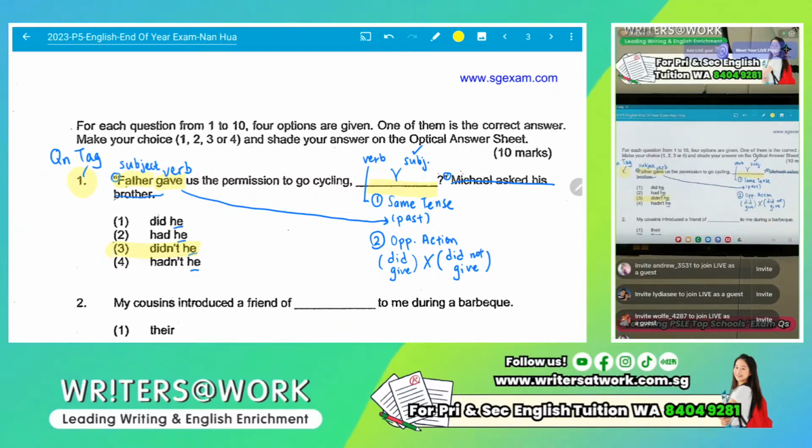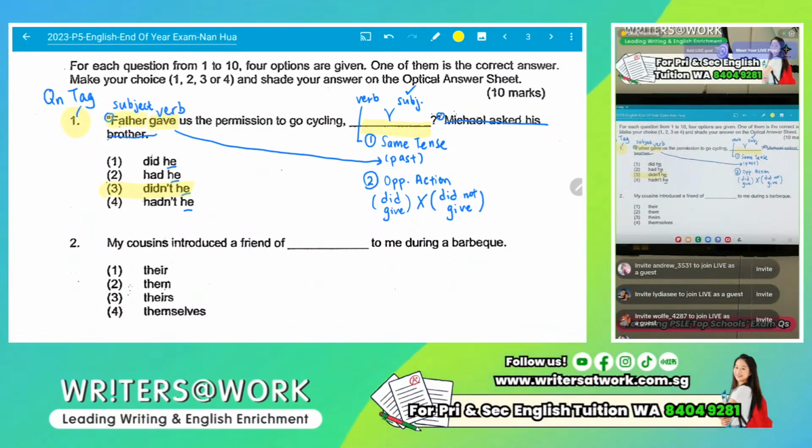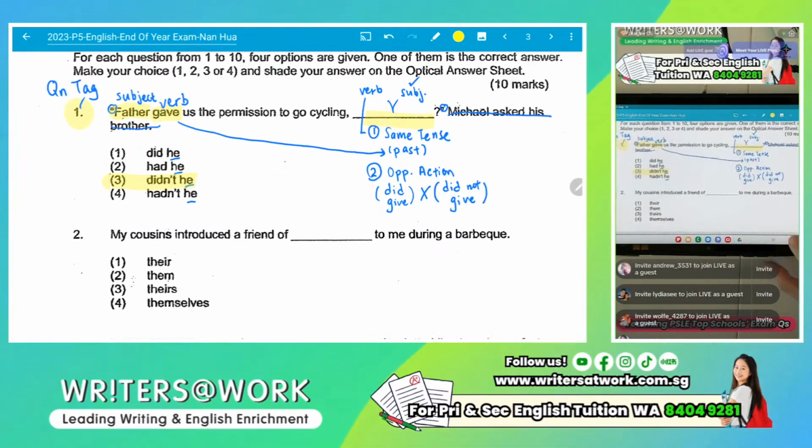Okay, question 2. My cousins introduced a friend of blank to me during a barbecue. Okay, what do we think over here before we get started unpacking the question? Now the ball is in your court. Viewers, which option do you think it is for question 2?